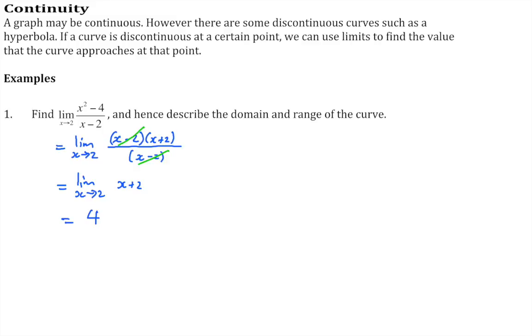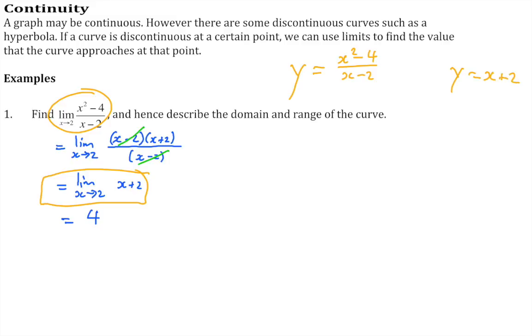Now, what that actually means here is that if I was to graph y equals x squared take 4 on x take 2, it's almost the same as the line y equals x plus 2, because that's what it cancelled down to here.